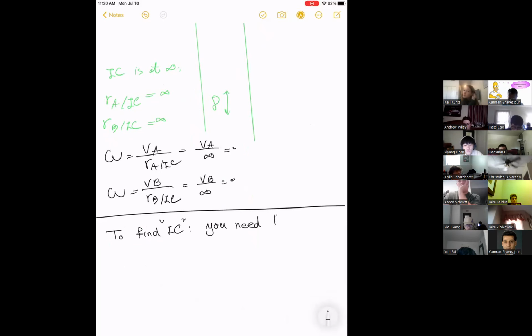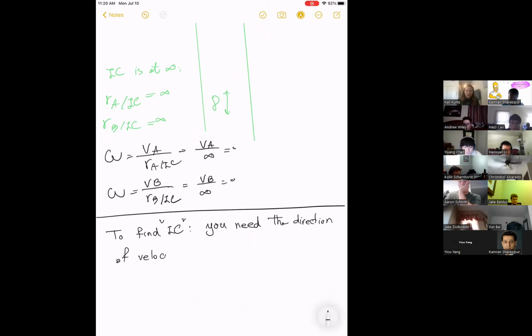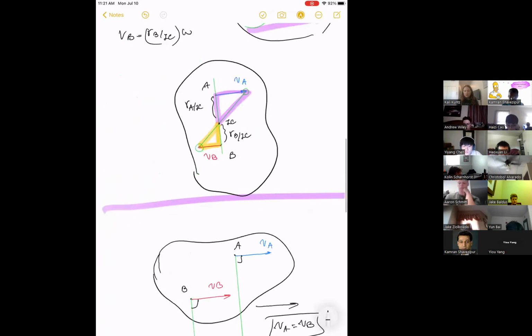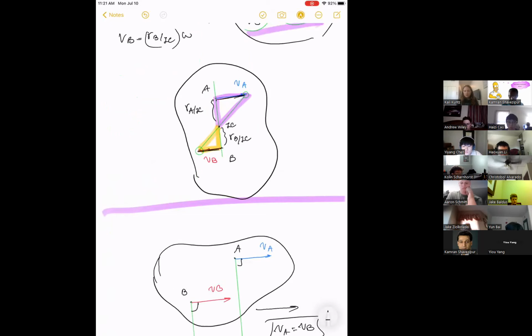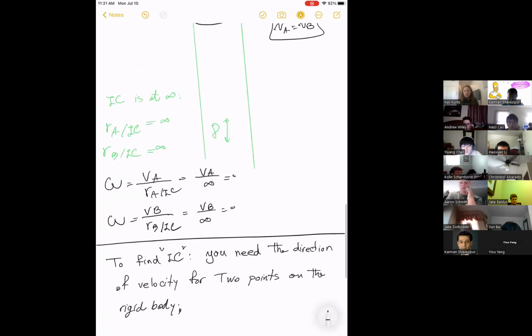You need the direction of velocity for two points on the rigid body. Of course, if they are parallel, then you need the magnitude, right? Because you have to make this triangle. But if they are not parallel, you don't even need the magnitude to find IC.